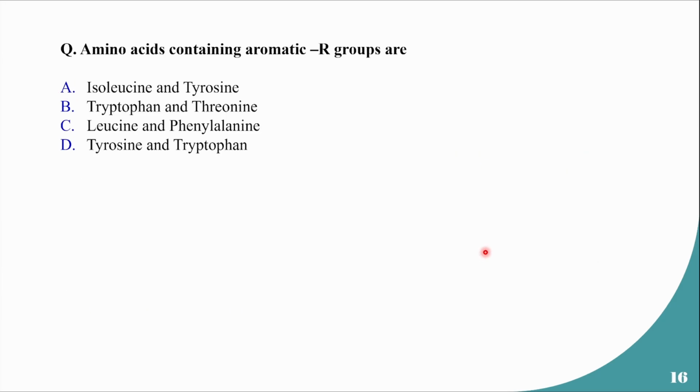So if we move to the next question, this question again asks about the side chain or the R groups, right, for the amino acids. So which amino acids contain aromatic R groups? Are those isoleucine and tyrosine, tryptophan and threonine, leucine and phenylalanine, or tyrosine and tryptophan?